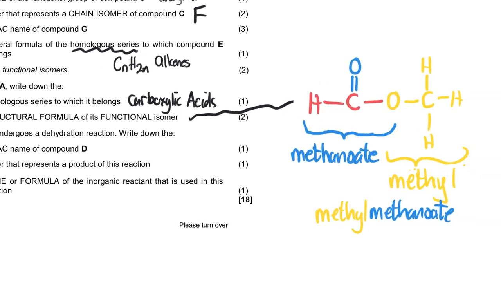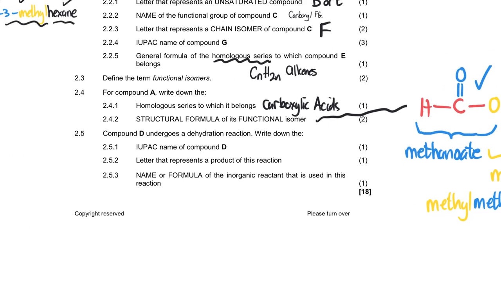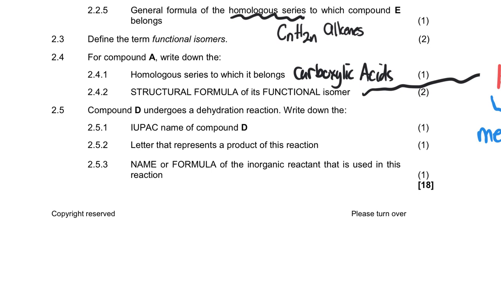Right, so 2 marks. That would be 1 mark for the methyl, 1 mark for the methanoate part of the molecule. Compound D undergoes a dehydration reaction. Now, at this point, we haven't done reactions in detail, but dehydration basically means the elimination of water, elimination of H2O.